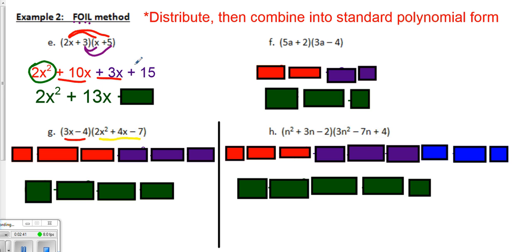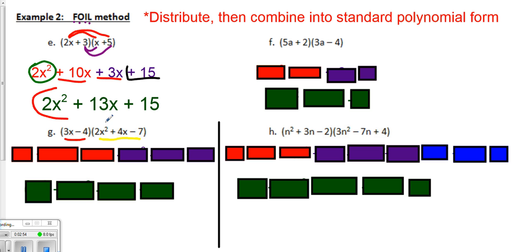Lastly, we have this constant all on its own, this plus 15, so it stays at the very end there. So in the end, our solution is this, I'm going to do red around it, 2x squared plus 13x plus 15. That would be the answer, the solution to this binomial times this binomial.